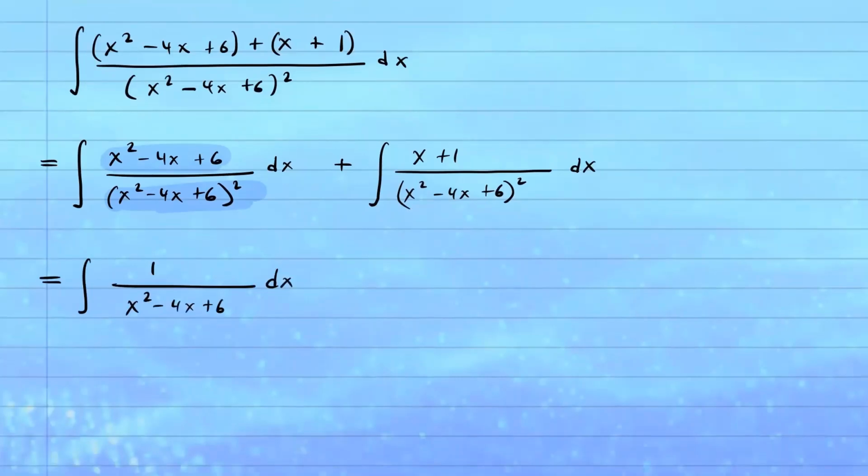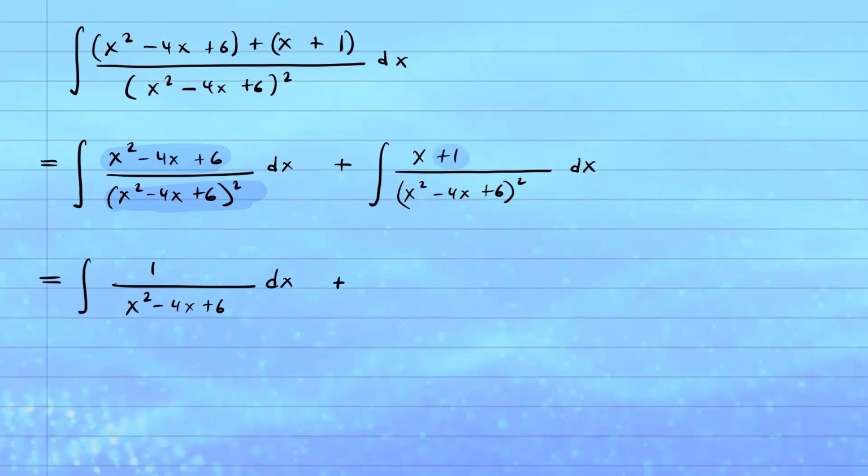Now the second one, you might have to do a little bit of rewriting, or you can set up another method to solve that. So let me go ahead and just rewrite that. What I'm going to do here is try to rewrite the plus 1.